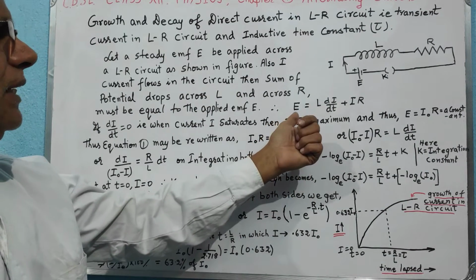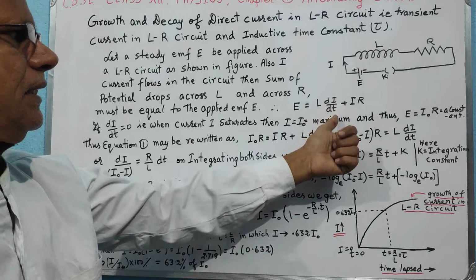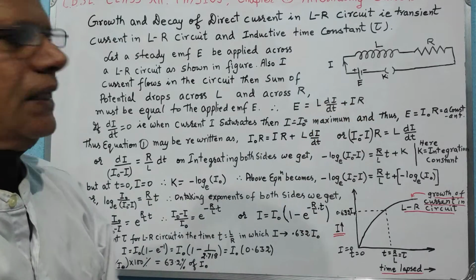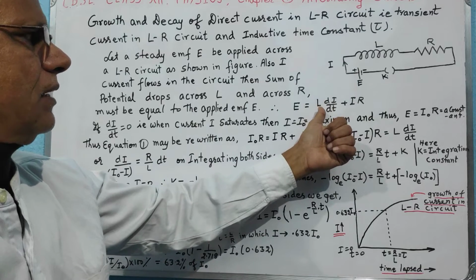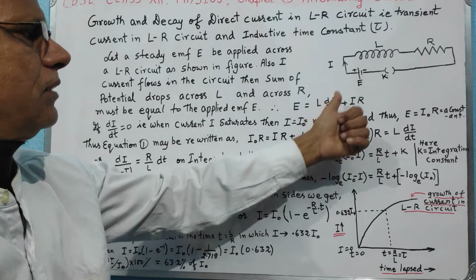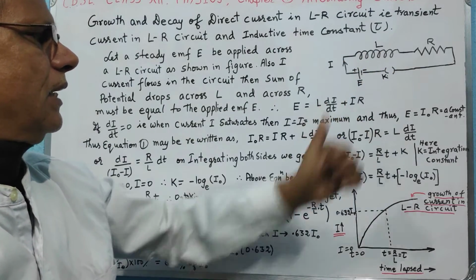So we can write E equals L di by dt plus IR. For the inductance we already know that the potential drop across it is L di by dt.